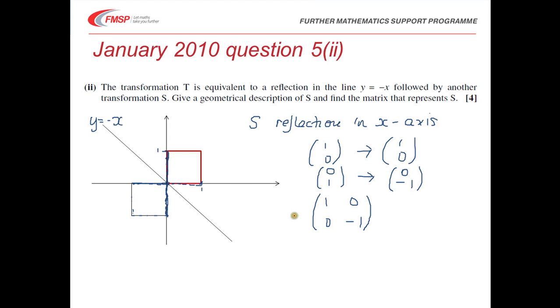And then once you've done that, you get a B mark, just a writing down mark, for each of those columns correct. So a method mark for the image in the line y equals minus x, an accuracy mark for describing the transformation, and then these 2 marks for the columns. So 4 marks for the second part, 6 marks in total for the question.